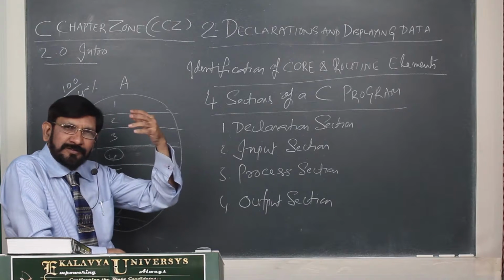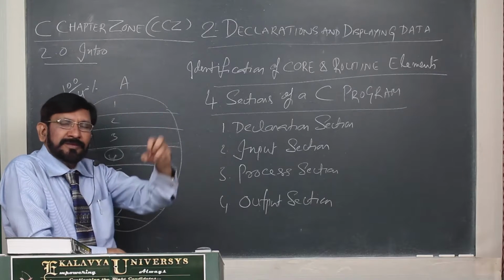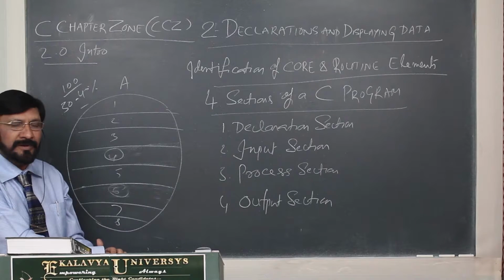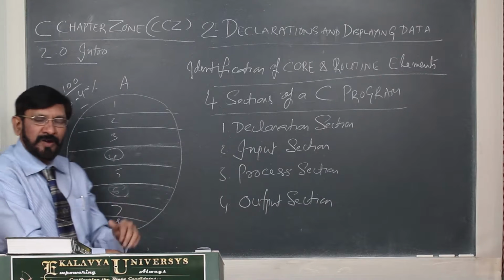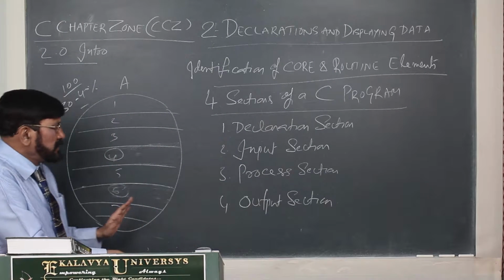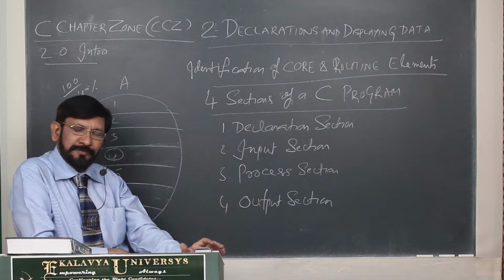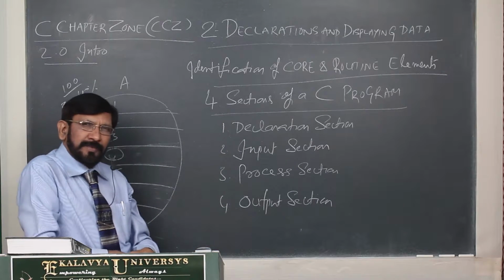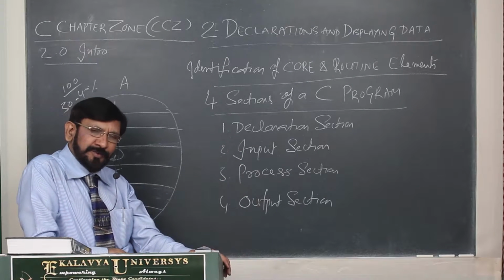Understand? Once your mental pressure is reduced, you can confidently proceed in the job. And this analysis is very much required. The same principle we can apply for the C program.